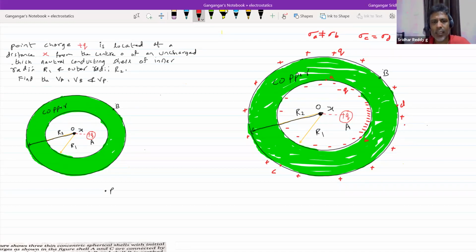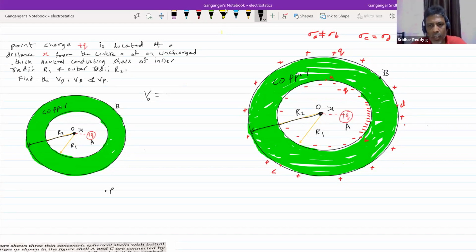Now let's get the expression for potential at point A. Can you write any equation? Potential at point A. So what is the method? He's asking to find the potential, because at A a point charge is kept, no? Potential at point O first. What is the method? Superposition principle. Take the superposition principle: the potential at point O is the potential due to all charges in the system.